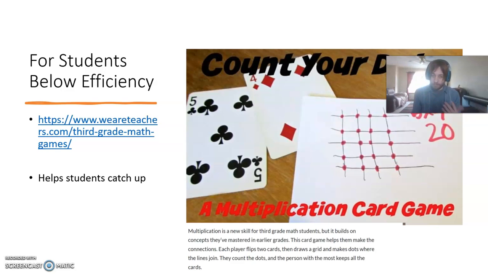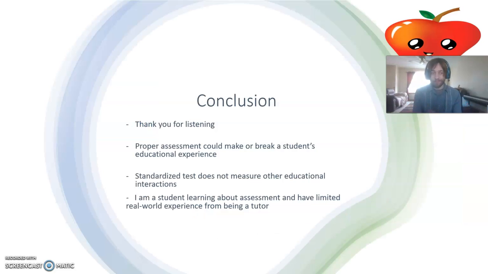And this involves multiplication cards, and each player flips 2 cards and then draws a grid and makes dots where the lines are joined. And then they count the dots, and then the person with the most keeps all the cards. So here it's 5 times 4, so they make 20 dots, and then they get it right, they collect the cards. And again, this helps students catch up.